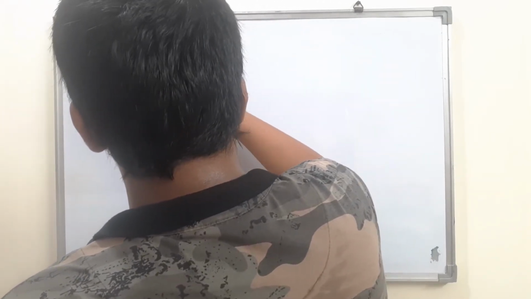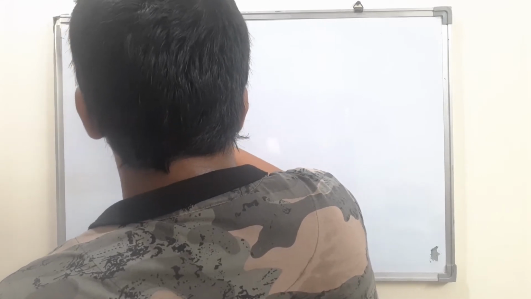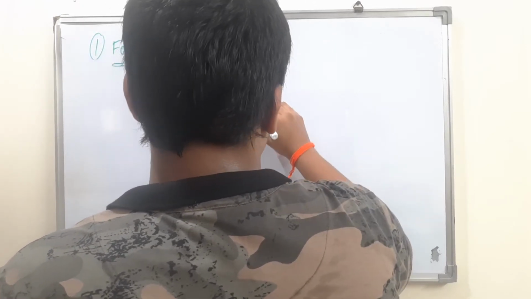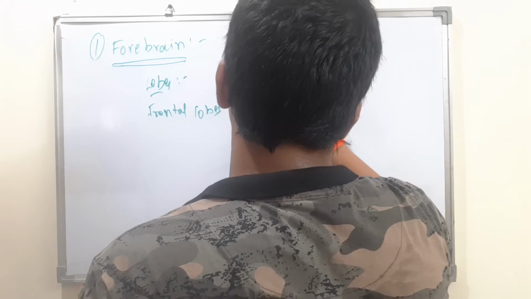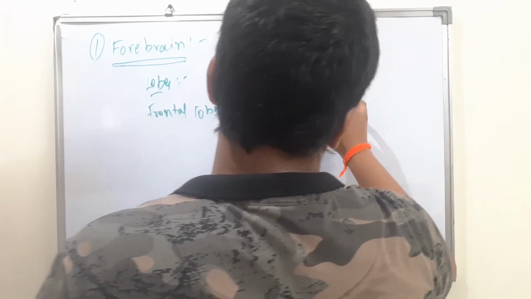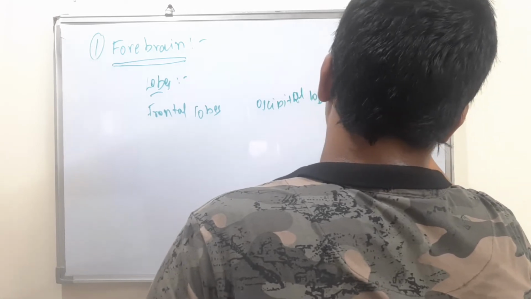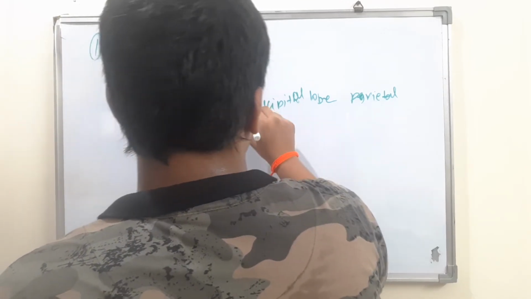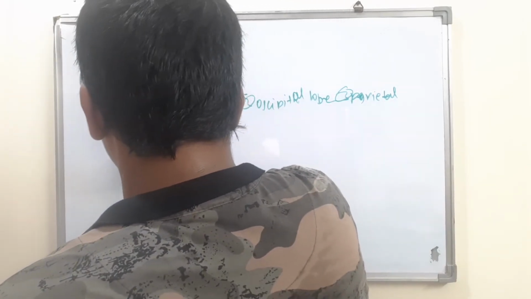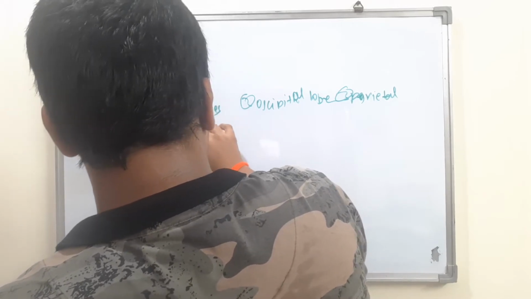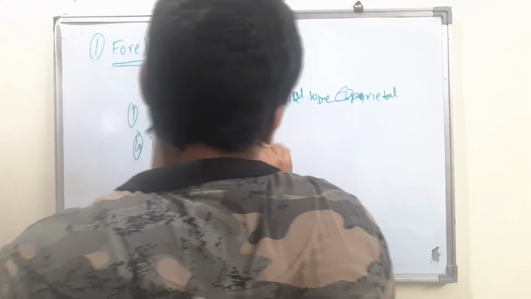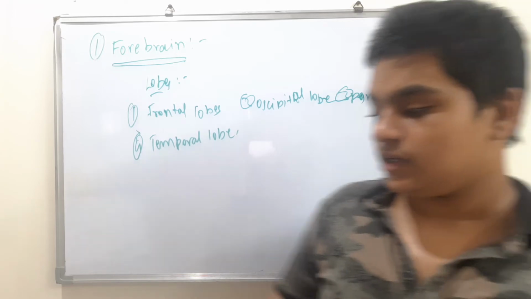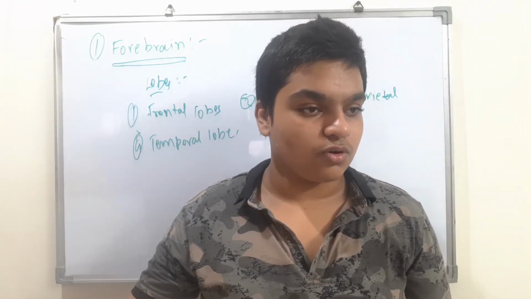These lobes are the frontal lobe, occipital lobe, parietal lobe, and last one, the temporal lobe. We have to remember the functions of these four lobes.